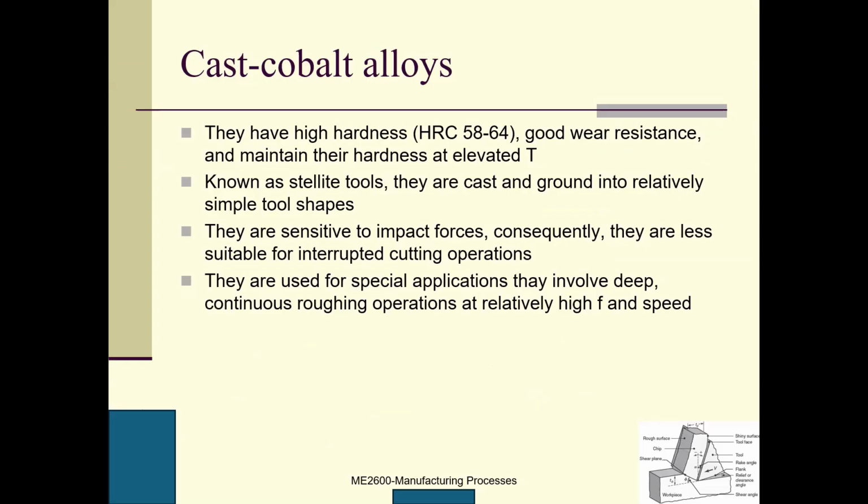Whenever you see HRC around this number, it means the hardness is very good, with good wear resistance, and they maintain their hardness at elevated temperature. That means the hot hardness is very good. They are also known as solid tools, and they are cast and ground into relatively simple tool shapes.